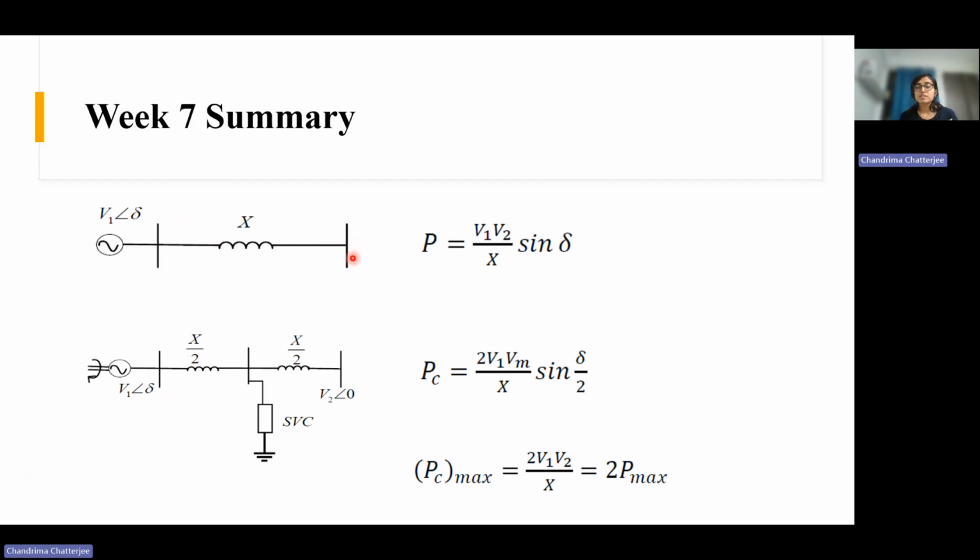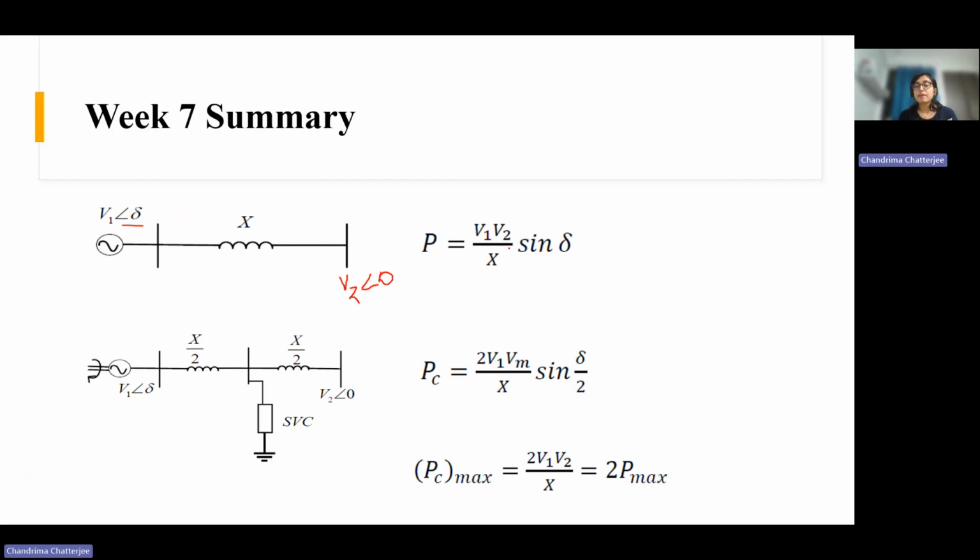We can take this as an infinite bus. If these are the voltages, then the steady state power is V1 V2 by X sine delta, where delta is the power angle.